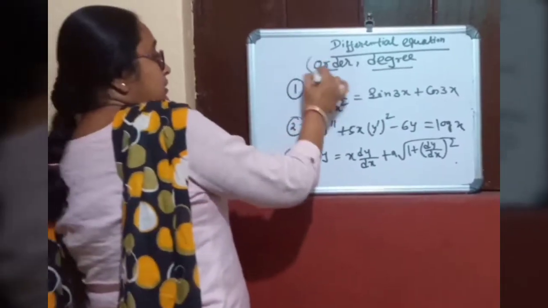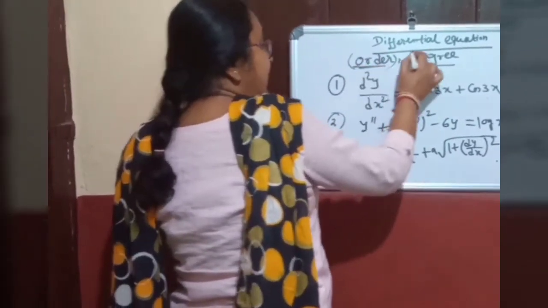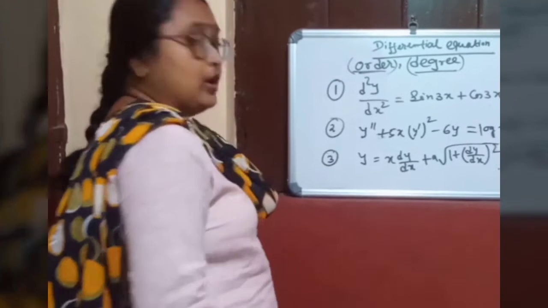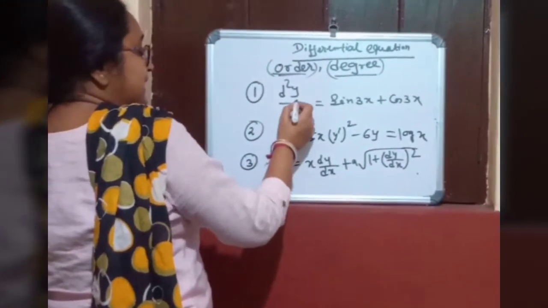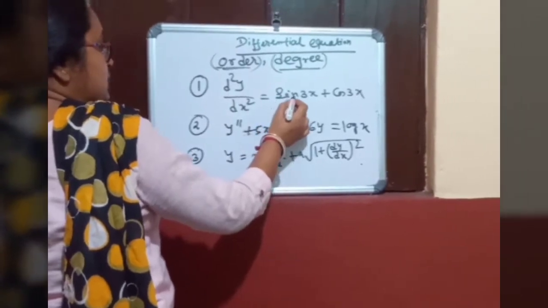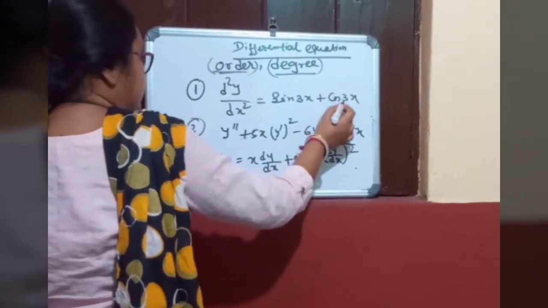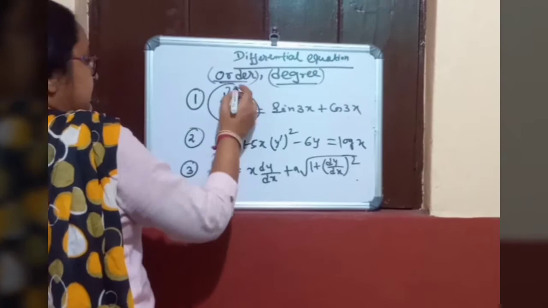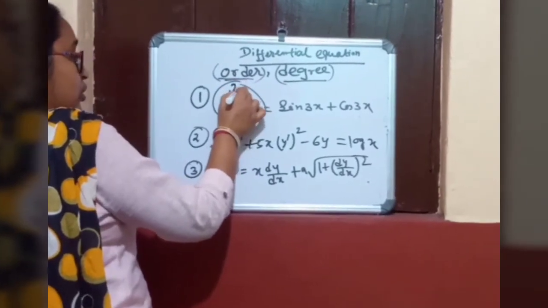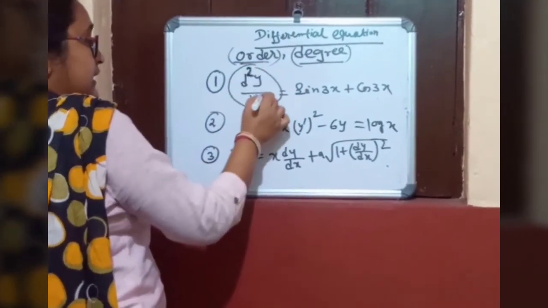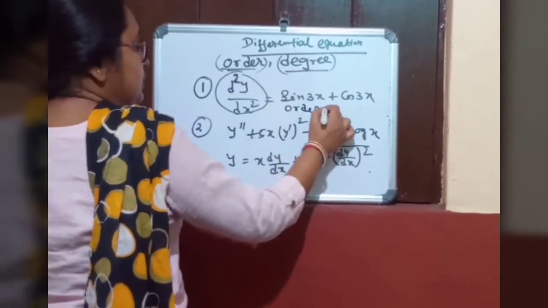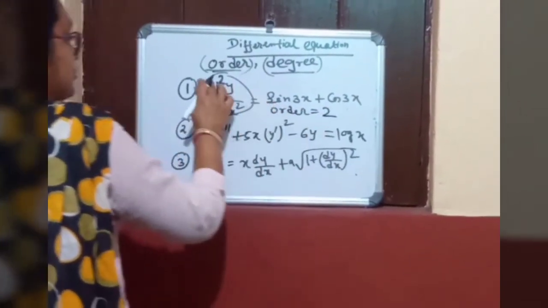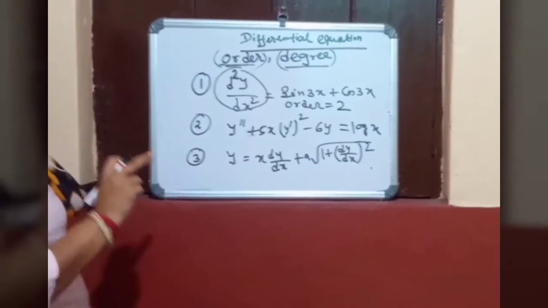Now, my topic is order and degree. What is order? Here, d2y/dx² = sin 3x + cos 3x. Here this is 2, so the order is 2. The highest derivative is 2, that's why the order is 2. What is degree?